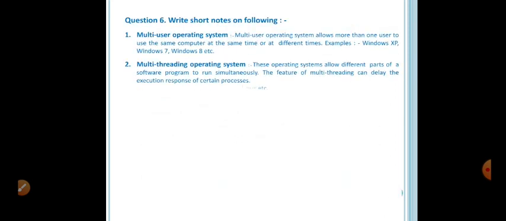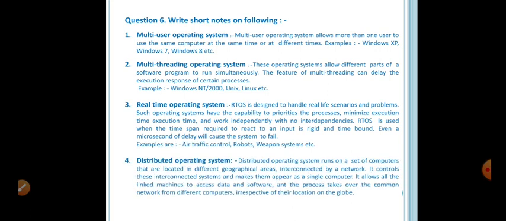Next one. Now these four words are there of which you have to write short notes. So write short notes on the following. First one is multi-user operating system. What is multi-user operating system?